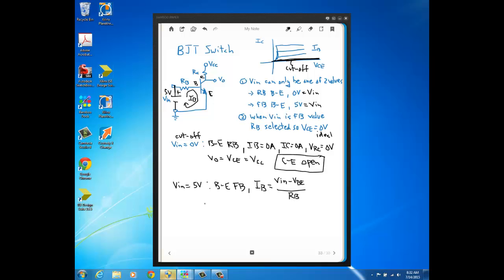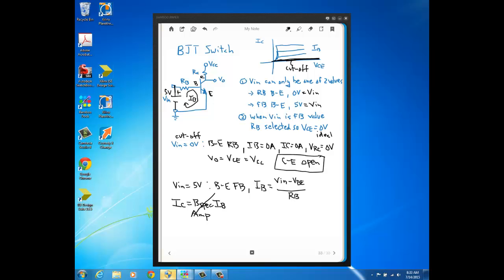Now, if there's a base current flowing, you will get a collector current. Now, this is a key point here: if you remember back when we talked about a BJT amplifier, collector current was just beta times IB. This was when we were doing the amplifier analysis.